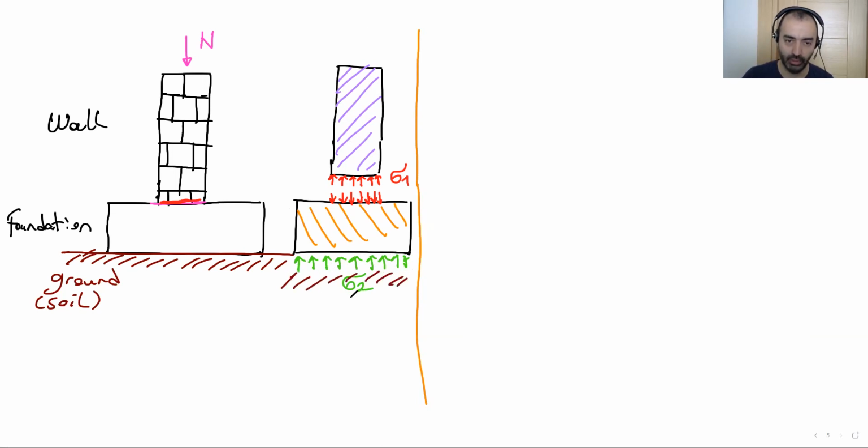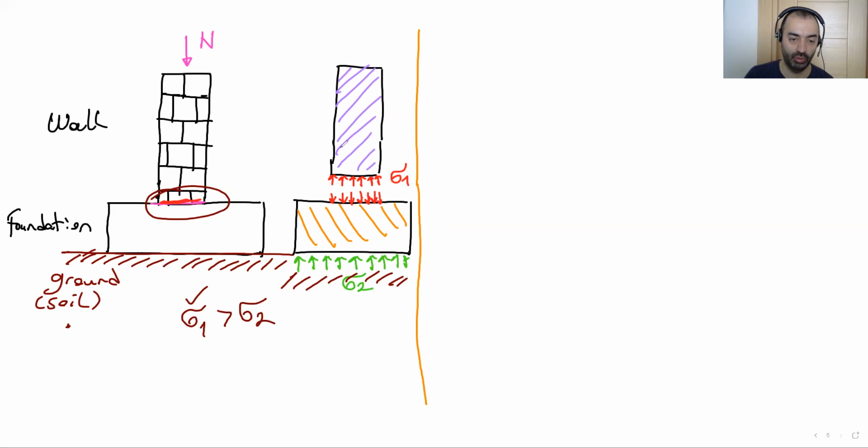Okay, that's okay. Our foundation can transfer the stress sigma 2. We know because our foundation transfer the bigger stress, which is sigma 1 greater than sigma 2 here. My foundation is okay for sigma 1 because I checked it in this portion. But don't forget this one, we have to check the soil stress, okay, on the ground.